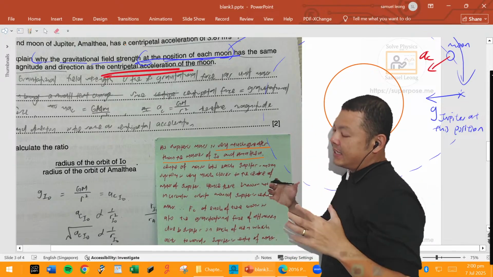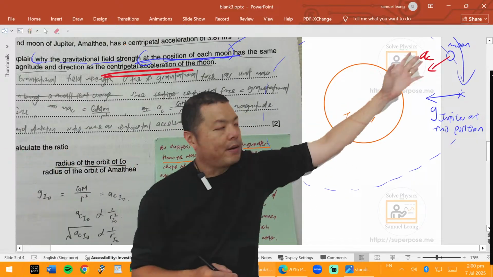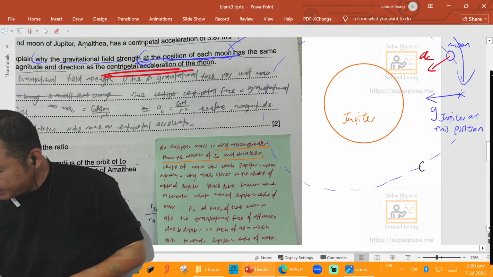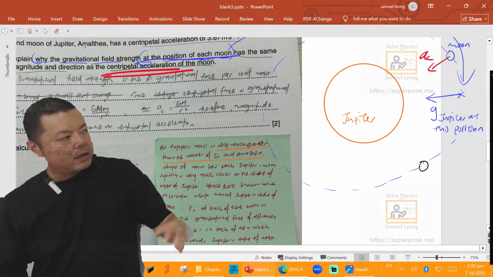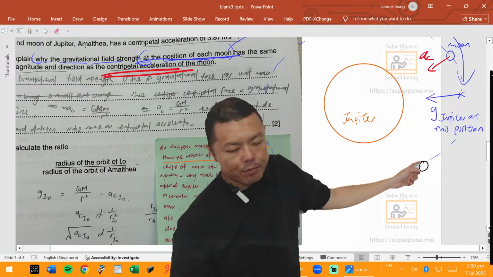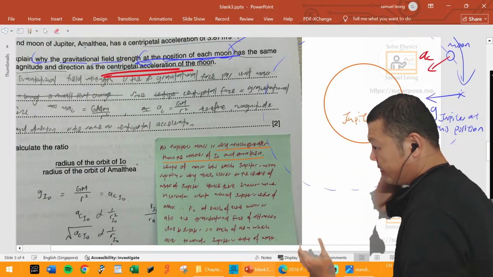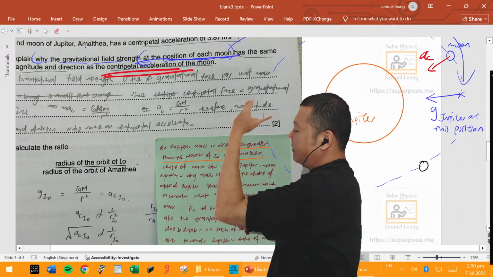Because if you have two bodies, Jupiter and a moon, everything is okay. But when you have a three body problem, how about the attraction by this moon on that moon? Wouldn't that change the direction of the resultant force? So it's a very annoying question.